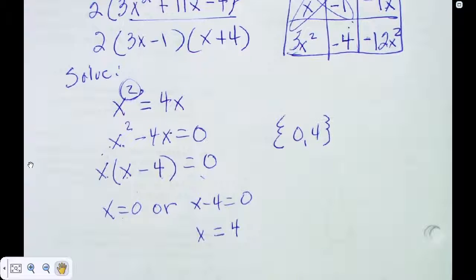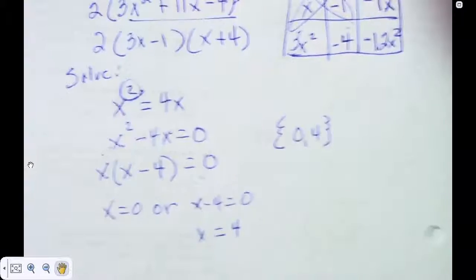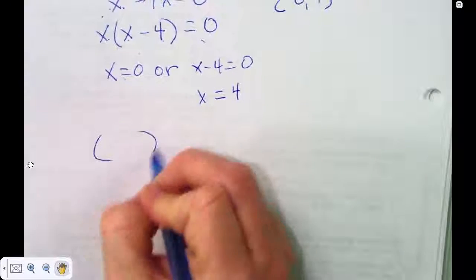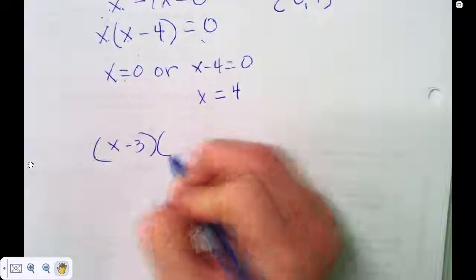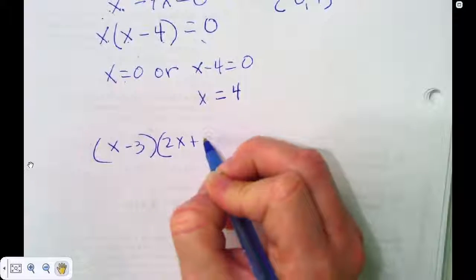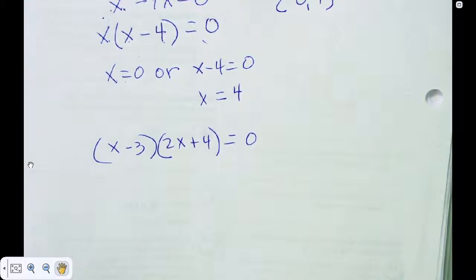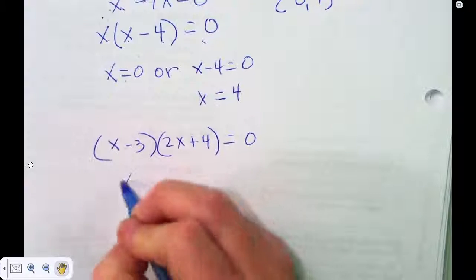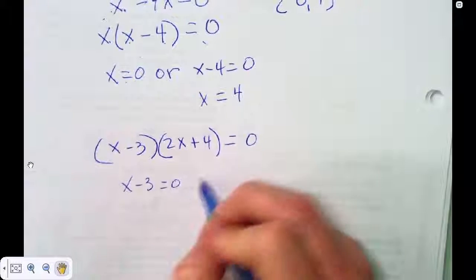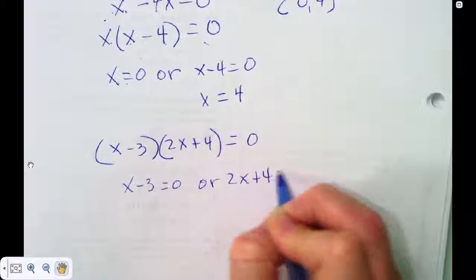There's other situations there. Okay, so if I have x minus 3 times 2x plus 4 equals 0, and it says to solve, what am I doing? X minus 3 equals 0, or 2x plus 4 equals 0.